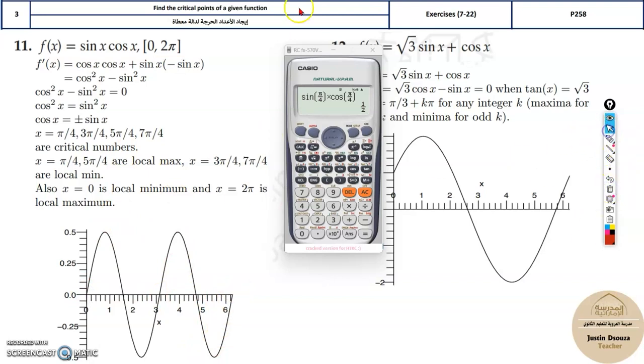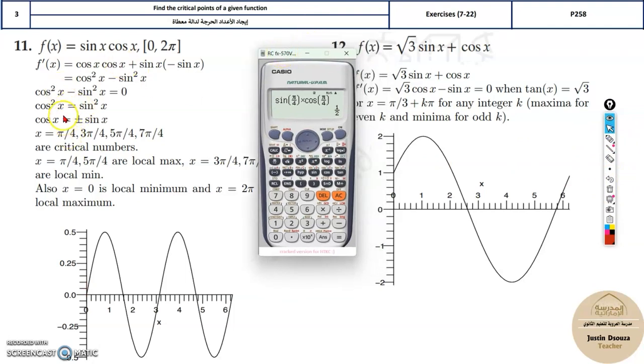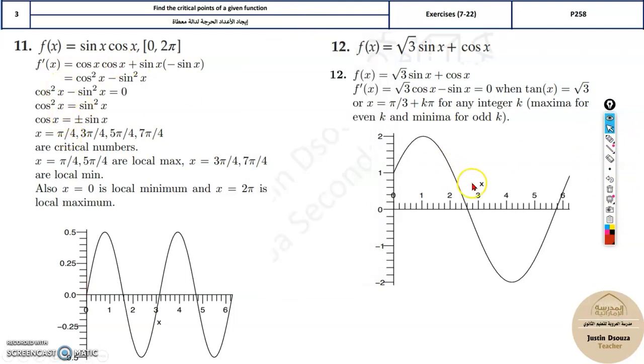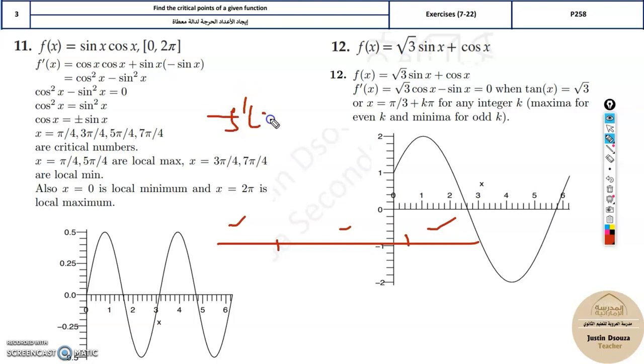Just be thorough. Just try to remember the steps. First take the derivative, then equate it to 0 and find the critical numbers. Then draw a straight line, put the critical numbers, take test values in all the sections between the critical numbers, and put them in the f dash equation, f dash of x.